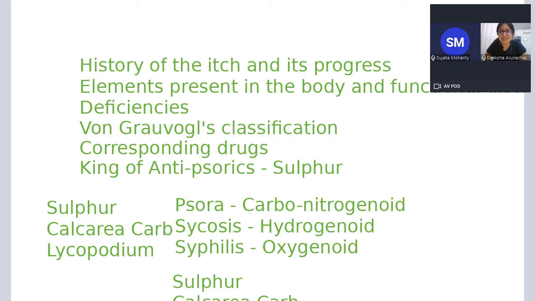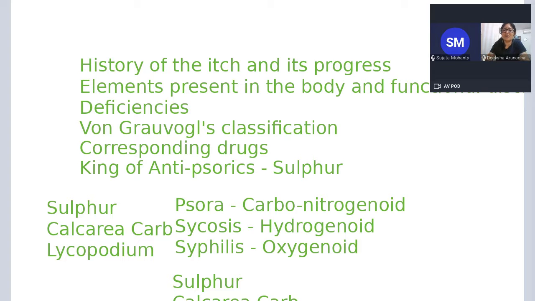Other than that, you have all the other carbons like graphites, carbo animalis, carbo vegetabilis. Then you have natrium mur, because natrium is after all a very important element in the body, sodium. Then you have all the kalis, kali carb. Then you have ferrum, ferrum met, ferrum phos, silicea.